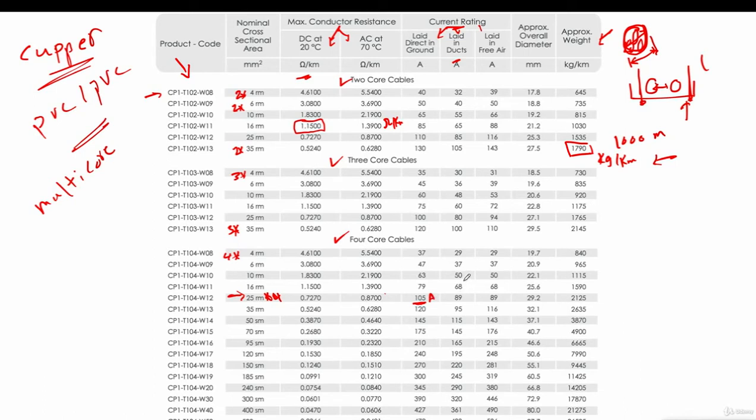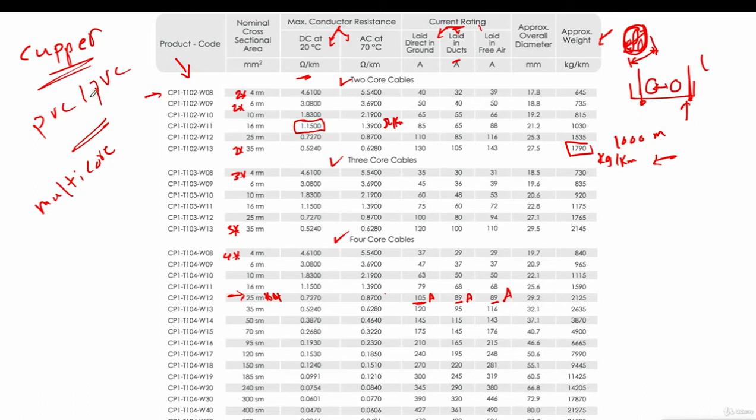And if this cable is laid in duct, and by duct we mean cable tray or cable trunk, it can only load 89 ampere. And if this cable is laid in free air, it can load only 89 ampere. As you can see, the current differs from one installation to another.